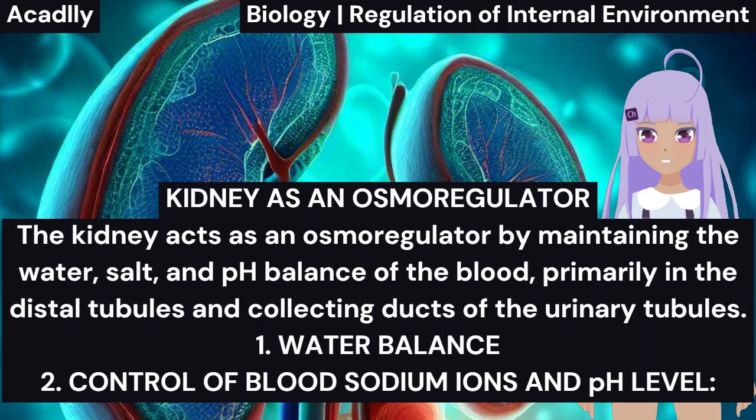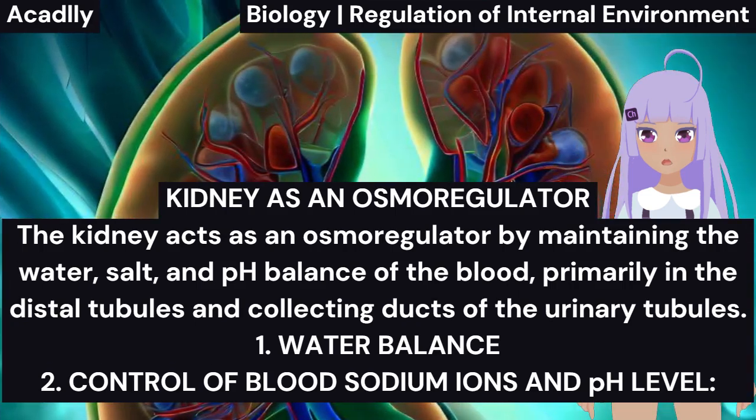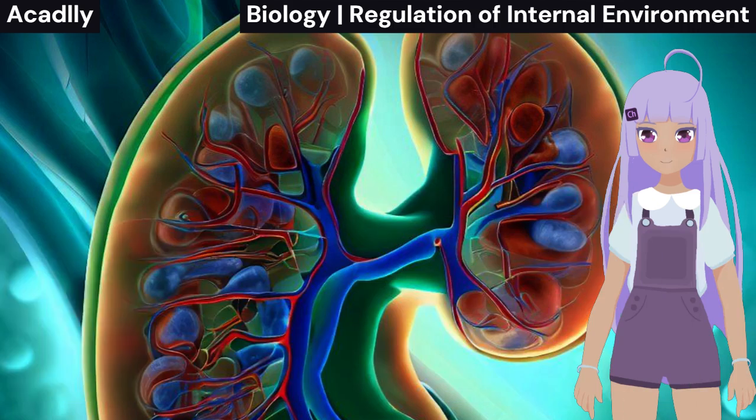Kidney as an osmoregulator. The kidney acts as an osmoregulator by maintaining the water, salt, and pH balance of the blood, primarily in the distal tubules and collecting ducts of the urinary tubules. 1. Water balance. When the body is dehydrated, the osmotic pressure of the blood increases.